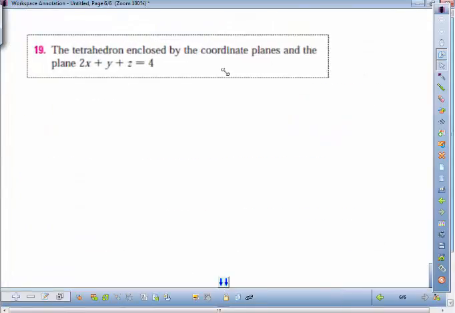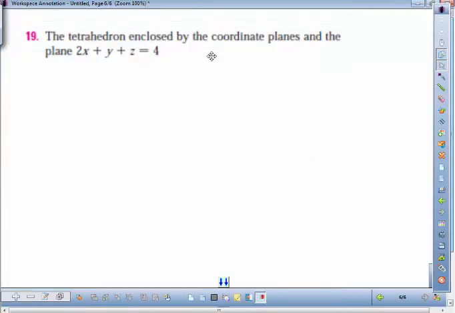Remember what a tetrahedron was? It's a four-sided pyramid-looking thing. A tetrahedron enclosed by the coordinate planes and the plane 2x plus 2y plus z is equal to 4.